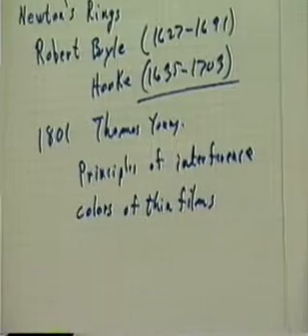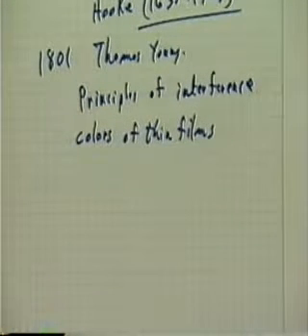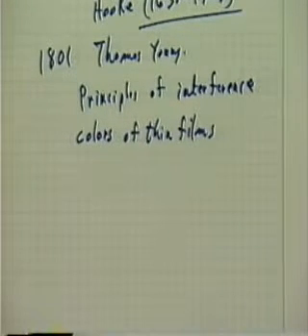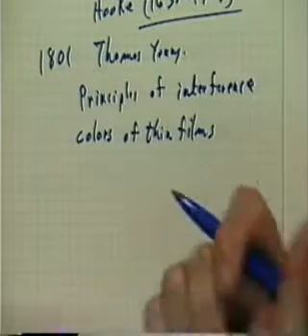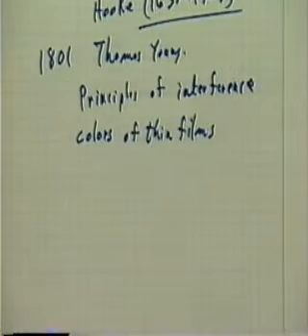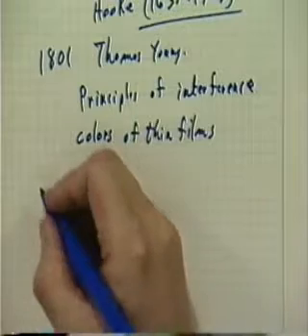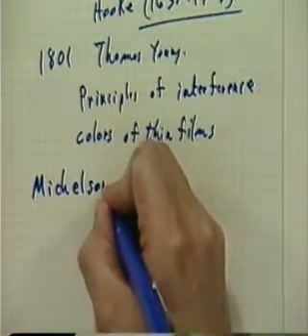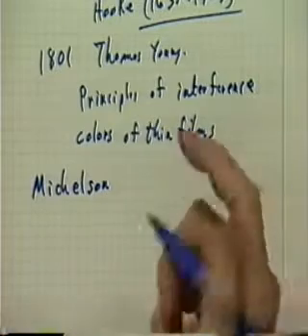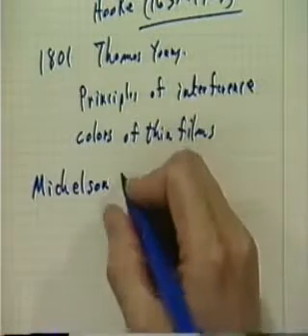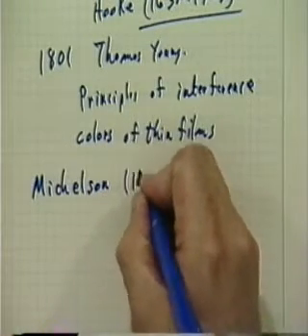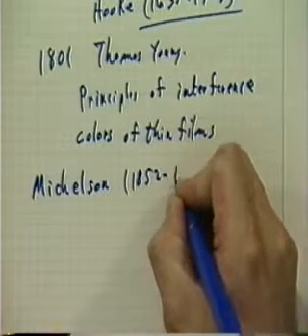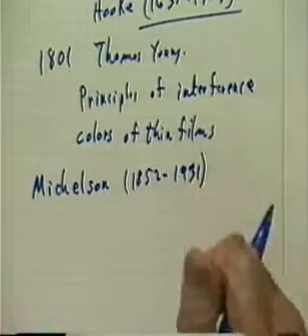If we go along to the guy who I think in the area of interferometry really is the god of interferometry, I would say it's Michelson. And we'll talk about several of his interferometers in this course, but he lived from 1852 to 1931, I guess it was.